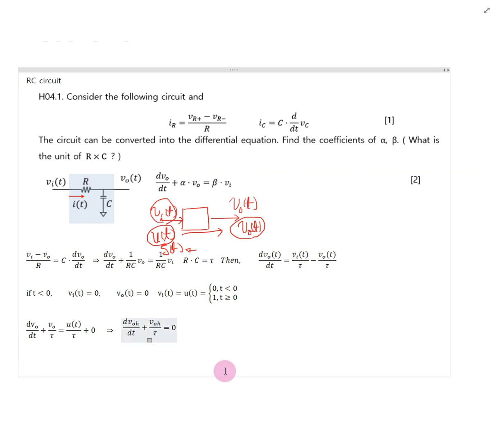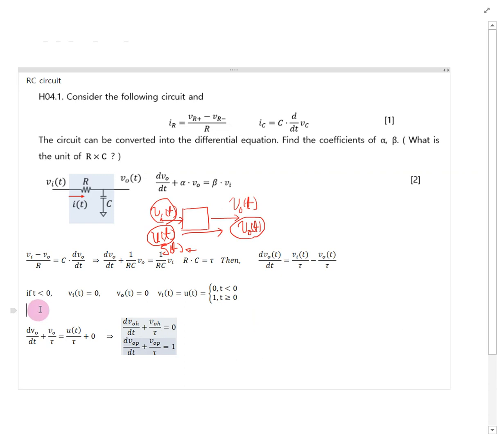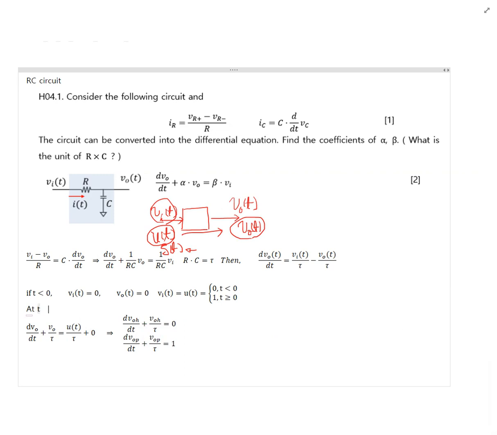The other one is the particular solution, which we call the forced response: dVoP over dt plus VoP over tau equals 1. We consider this equation at t positive. At t positive, u(t) becomes 1, so we can replace it with 1.